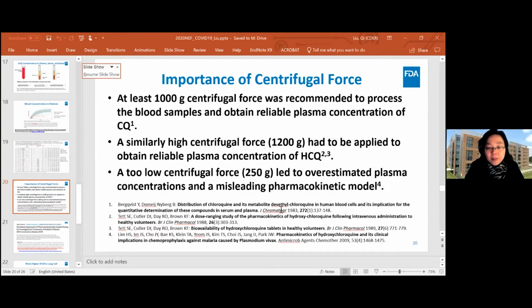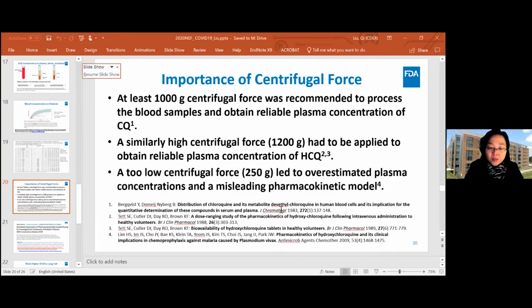One study applied only 250 G to process the blood sample and significantly overestimated the plasma concentration of hydroxychloroquine. In fact, their reported plasma concentration in this paper was as high as the whole blood concentration.